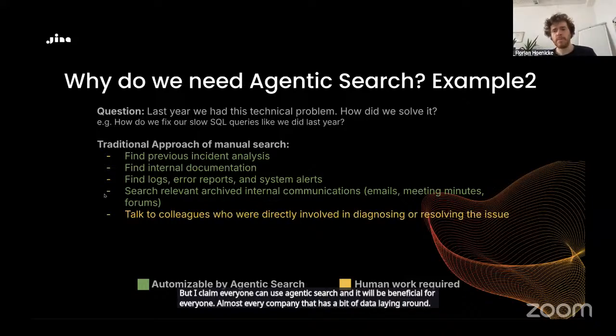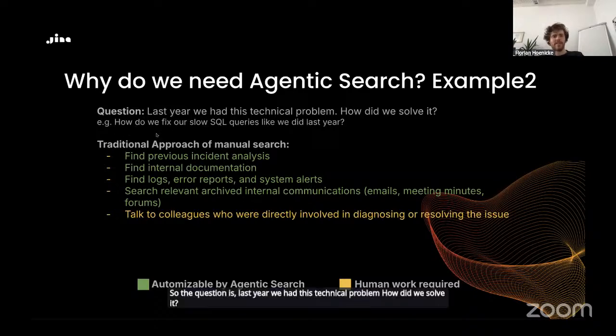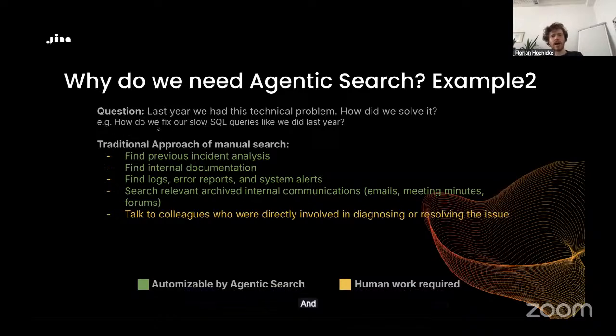So maybe this question came up in the past within your company: last year we had this technical problem, how did we solve it? For instance, how did we fix our slow SQL query?